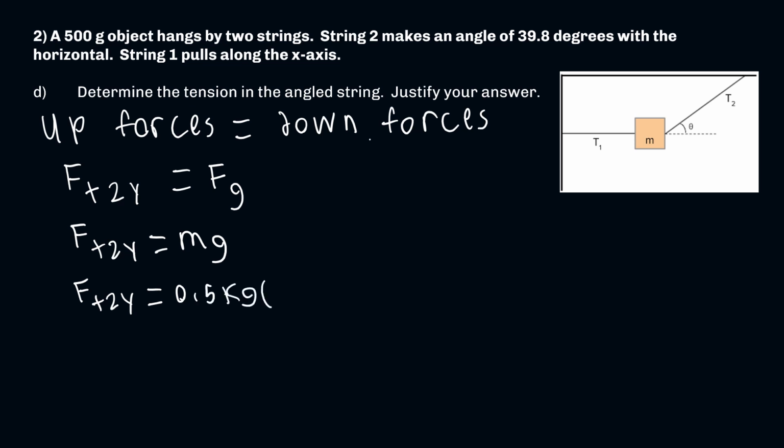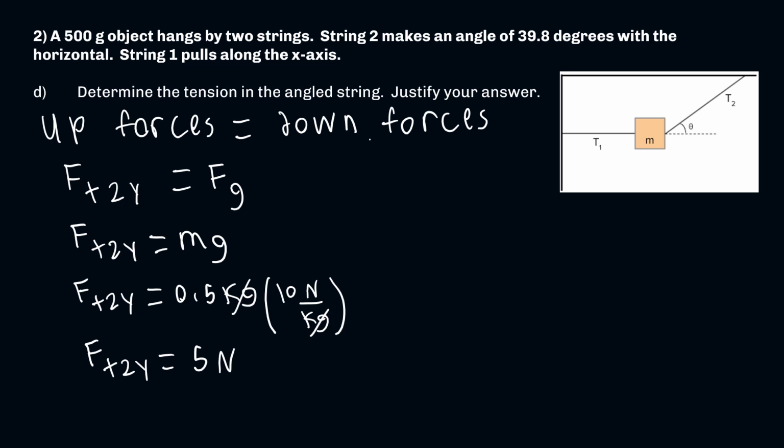My g is always going to be 10 newtons per kilogram. And what we're going to do with this is just multiply this together. Last time I checked, essentially this is half of 10. That's going to be 5. But you're always checking your calculator just to be safe. So 0.5 times 10, that's going to be 5. So what we're going to have here for Ft2y is going to be equal to 5 newtons.